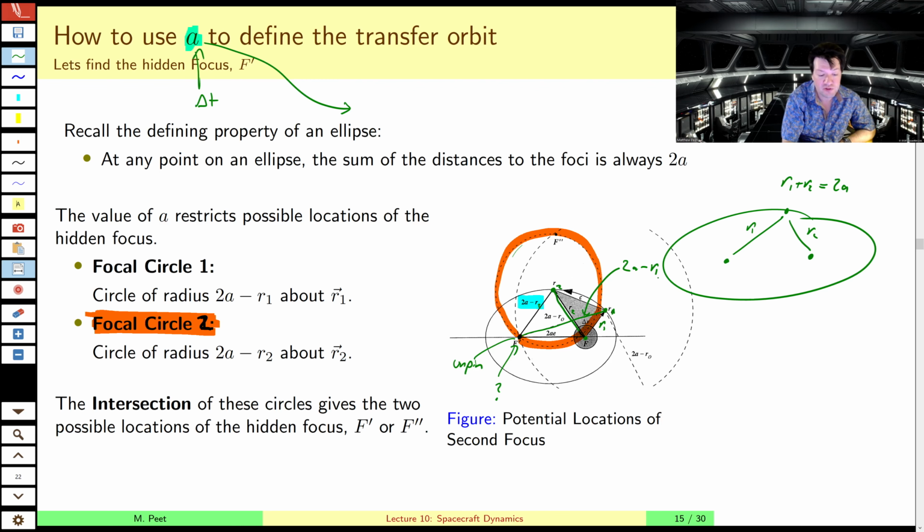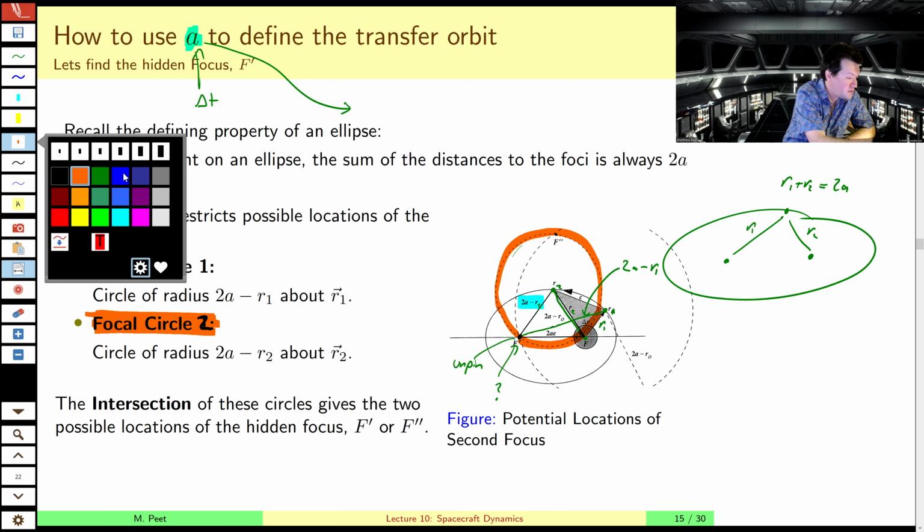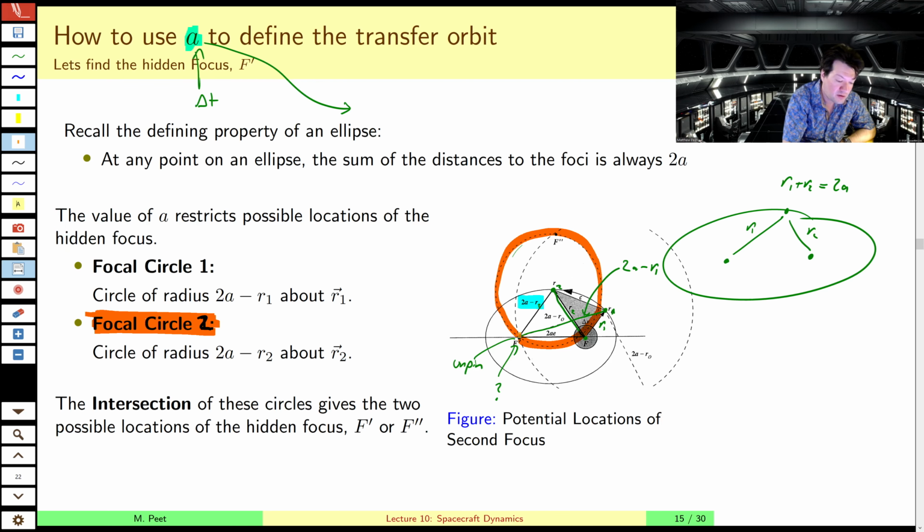So r1 and r2 are different, and the circles will have different radii. Now we can sweep out a new circle about r1 of radius 2a minus r1.